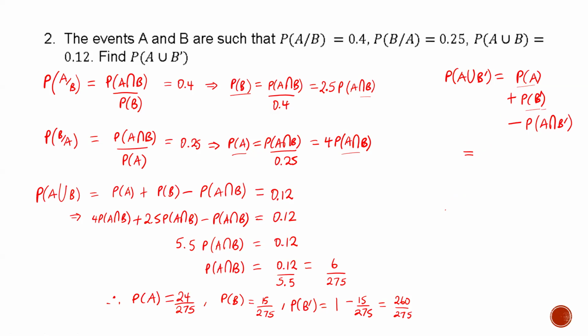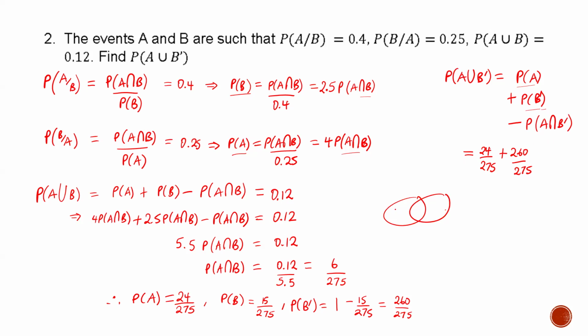So you could come here and then substitute. For the probability of A, we have 24 out of 275. For the probability of B complement, we have 260 out of 275. What's left? The probability of the intersection of A and B complement. Okay. Now, I could use a simple Venn diagram again.